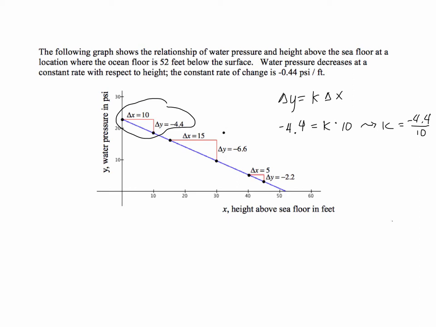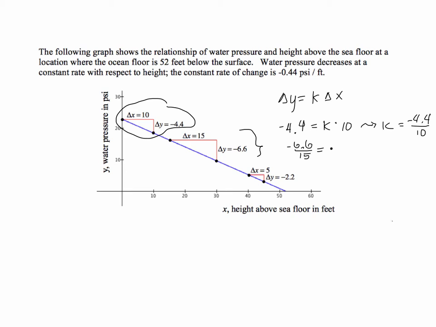Okay, I can do it again, right? I can take the middle set and do the same thing. So hopefully when I do change in y over change in x, does that actually give me the same thing?